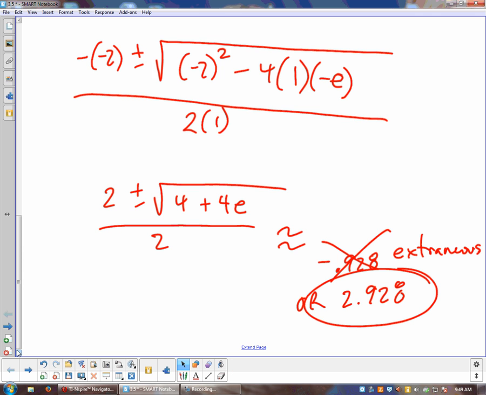All right, anything else from section 3.4? 98. Log x plus log x plus 2 equals log x plus 6.